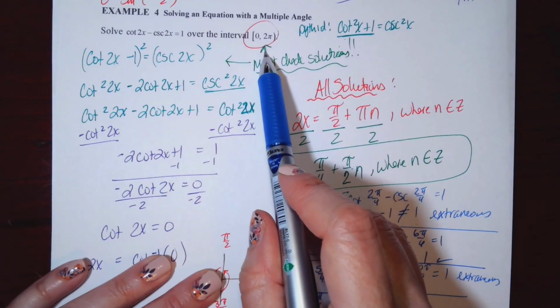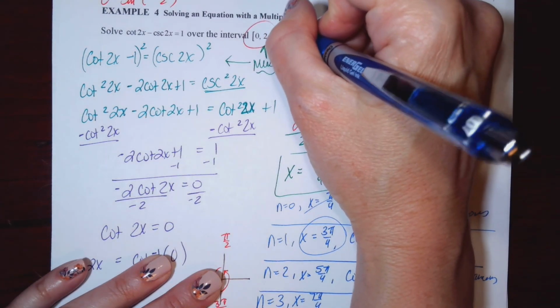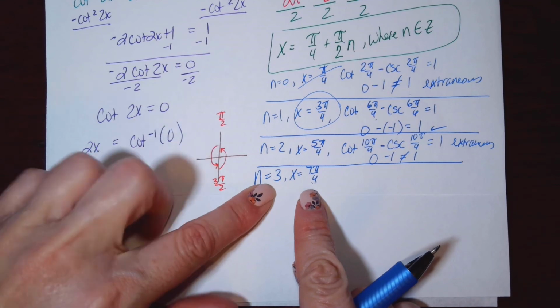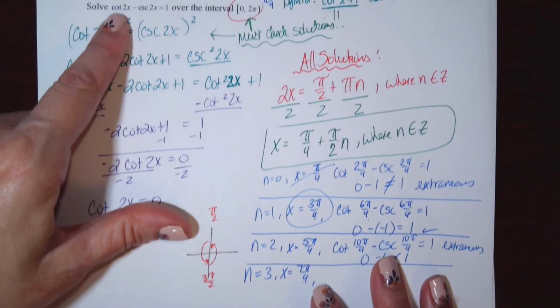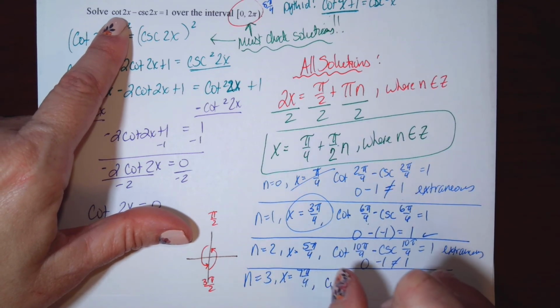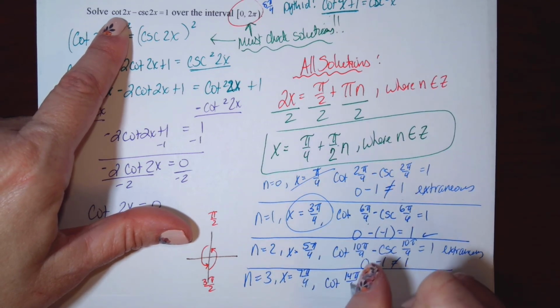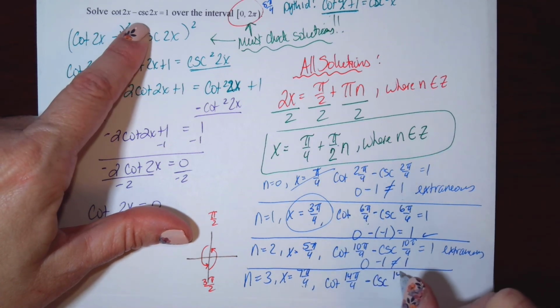My stopping place is at 2 pi. 2 pi would be the same thing as 8 pi fourths. 7 pi fourths, this is the last one I'm going to need to check. Okay, into my original equation. Cotangent of twice this would be cotangent of 14 pi fourths minus cosecant of twice that, cosecant of 14 pi fourths, should be 1.